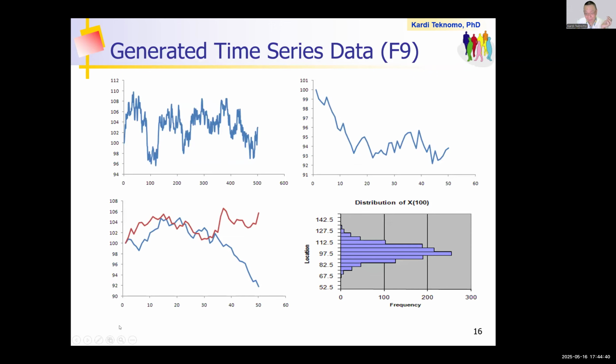Now, if you take only a certain value, for example x100 or x50, meaning the price at day 50, and you generate many times and make a bar chart, eventually you will get the distribution, which is equal to the assumption that you put in. This is the most important part.